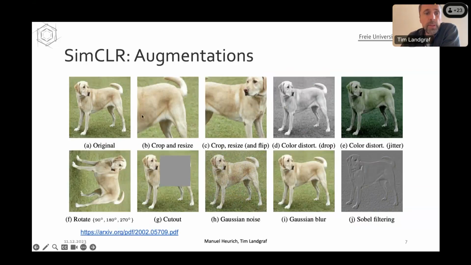Okay, so in SimCLR, we could use many augmentations, most of which we already discussed. So taking a crop out of the original and resizing it to the original size, or interpolating the pixels in between. We could do cropping, resizing, and flipping, and all these things that you can see for yourself.